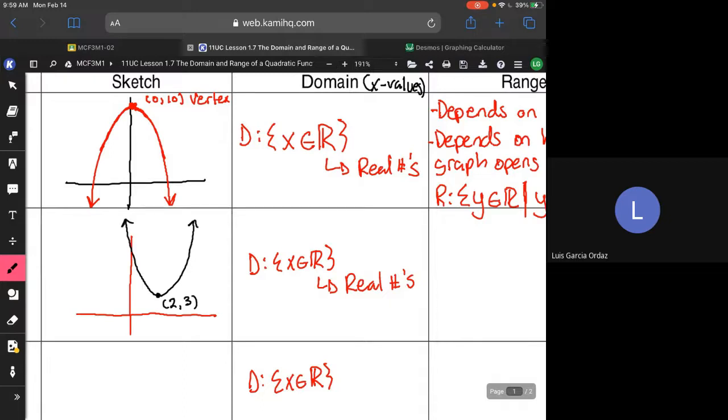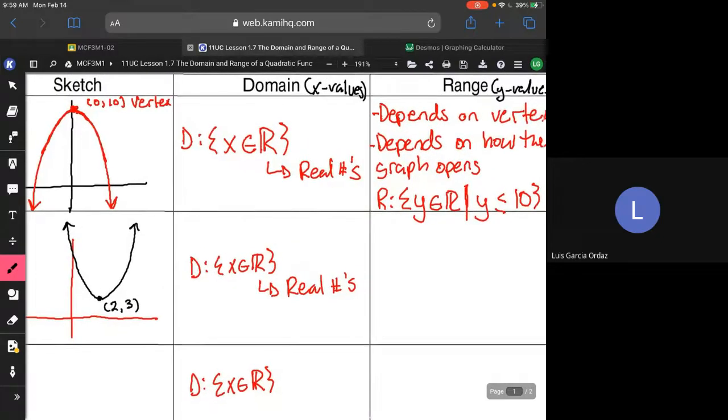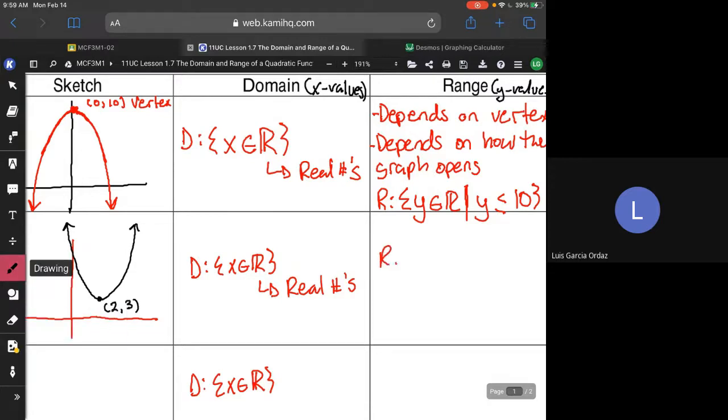As you can see, my domain is still x ∈ ℝ because my graph is continuous throughout all the x values. But can some of you tell me what my range is going to be? See if you start to notice the pattern. You always start with y ∈ ℝ and then your restriction.